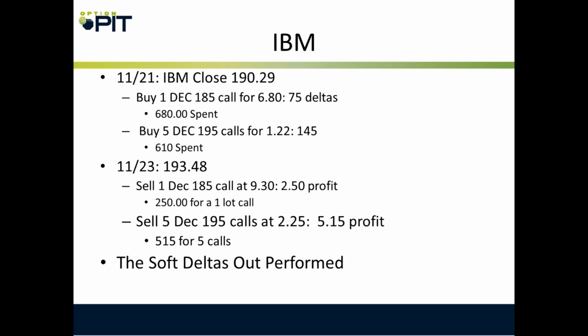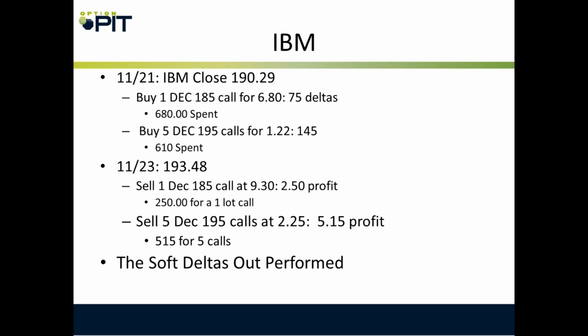I buy 5 of my December 195 calls for $1.22, spending $610. So I spent $610 on 5 calls, or I can buy 1 call for $680. Well, a couple days later, I sell my 185 call at $9.30, making $250 for a call. Hey, you know what?